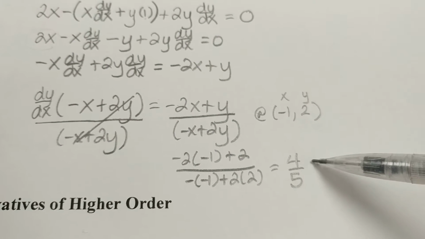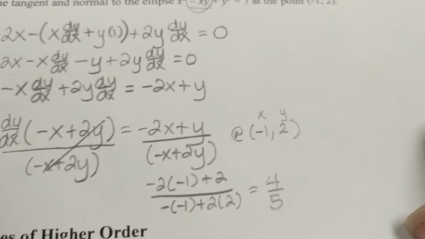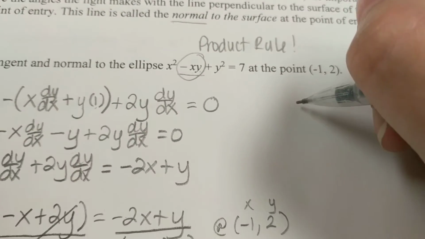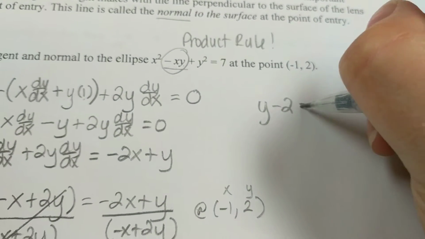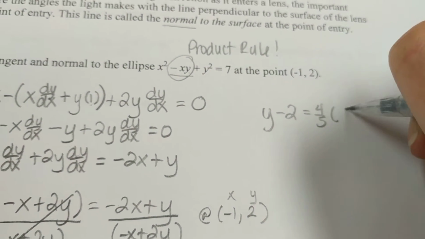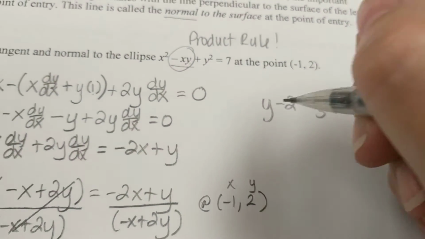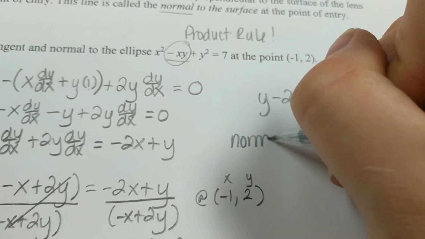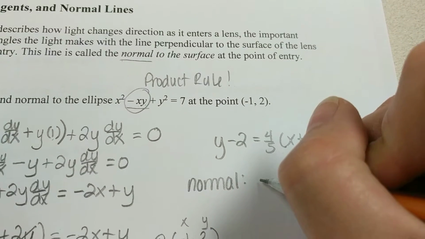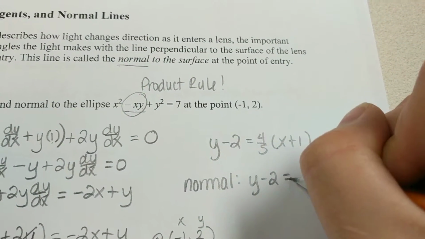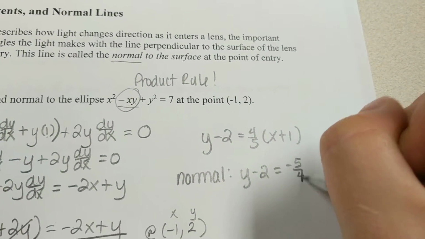So now I've got a slope, I've got a point. So the equation of my tangent line is y minus 2 equals 4/5 (x plus 1). And then my normal line, exact same equation, but opposite reciprocal slope.